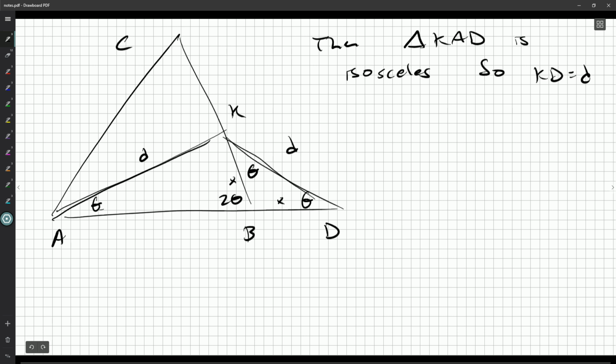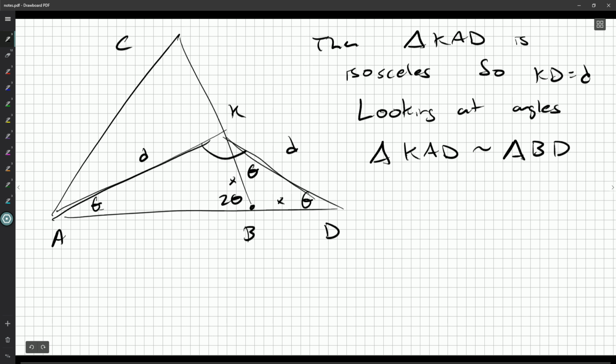But in order to do... Is that enough to do the similarity, or do I definitely need this bit here? So I'll say looking at angles, we have triangle KAD is similar to, the apex here is B, so BDK. Then AD, that's my x plus c bit.